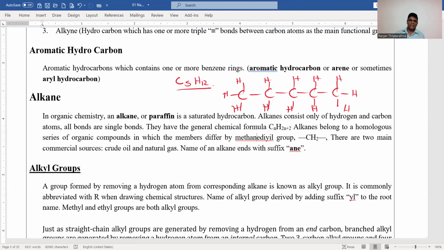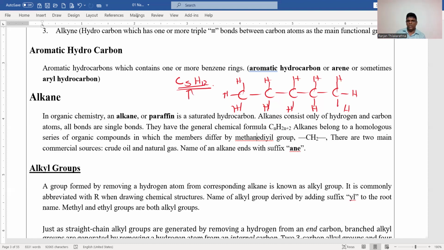That's how I could straight away write this. If n is 5, 2n is 10, 10 plus 2. CnH2n+2 is the general formula of this hydrocarbon. Alkane can be written as CnH2n+2.